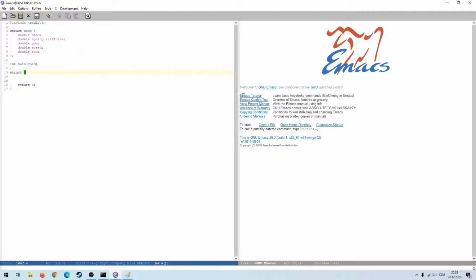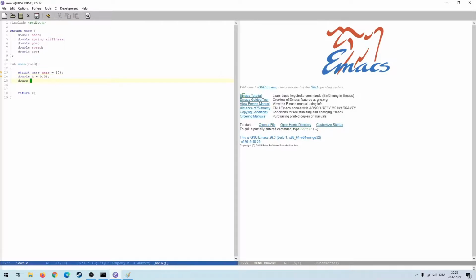So let's create a mass by calling struct mass mass, and we're going to initialize it to 0. Then, as I've mentioned, we need a time step. We are going to go with 0.01 seconds, which is not too small, but also not too big, because you can have problems with numerical instability if your time step's too large.